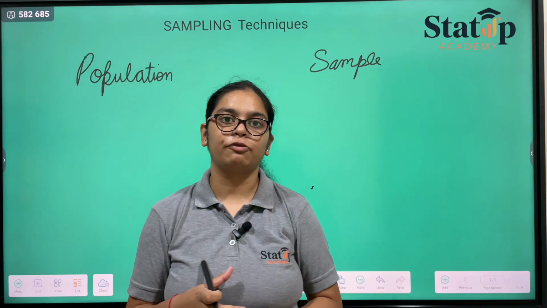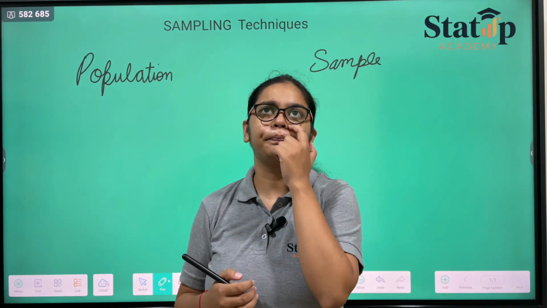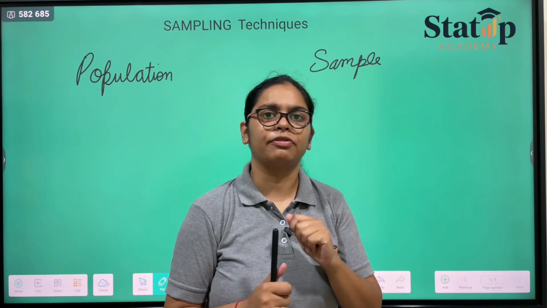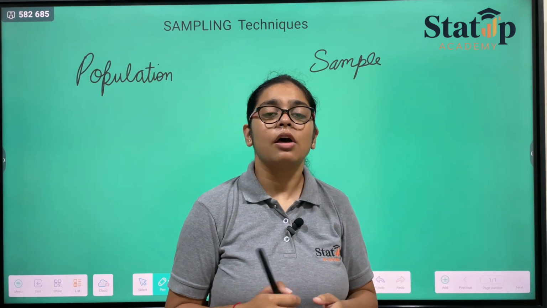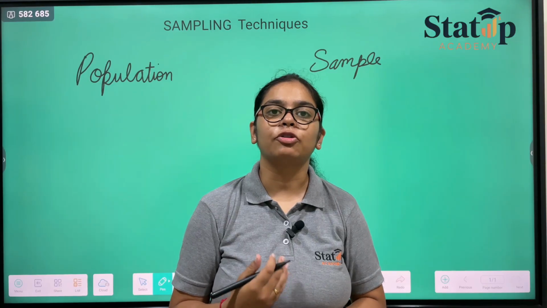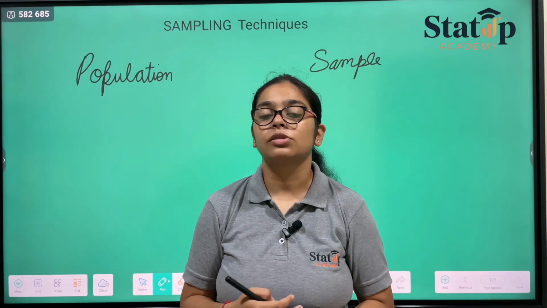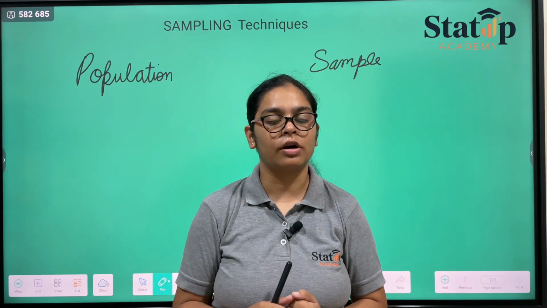A small part of population is known as sample. It is very difficult for us to analyze things for every member of the population. Suppose I have to collect data on the income of a city. So the population is the whole of the city.